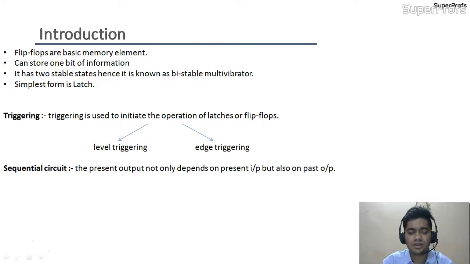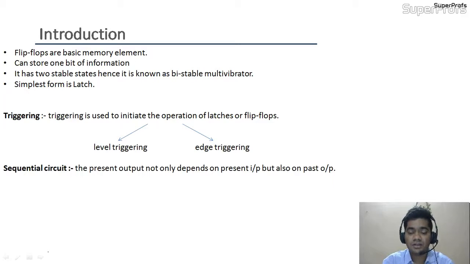To understand what a sequential circuit is, we first make the comparison between the combinational circuit and the sequential circuit. There is no need to write these points, but it is important to understand the difference between the sequential and the combinational circuit. In the combinational circuit we have studied that the present output only depends on the present input.